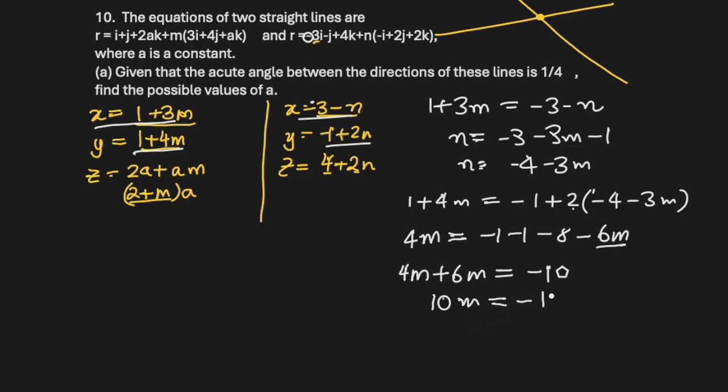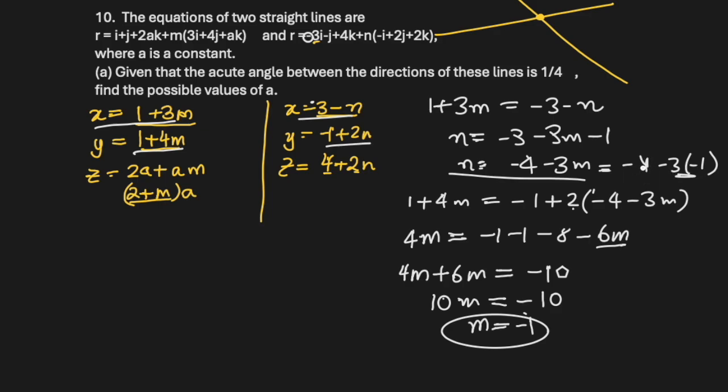So obviously m comes out to be minus 1. Okay, now we need to find n, and we can get n from here. So minus 1 is m, n equal to minus 4 minus 3 times minus 1, which is plus 3, so minus 1 again. So n is also minus 1. Okay.